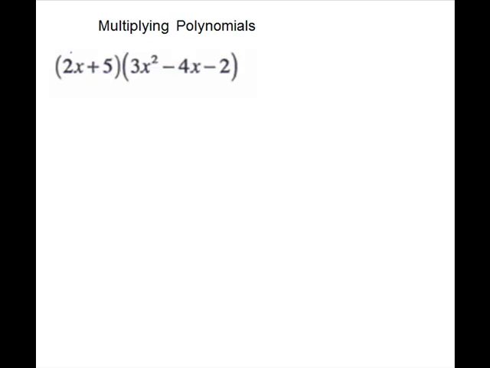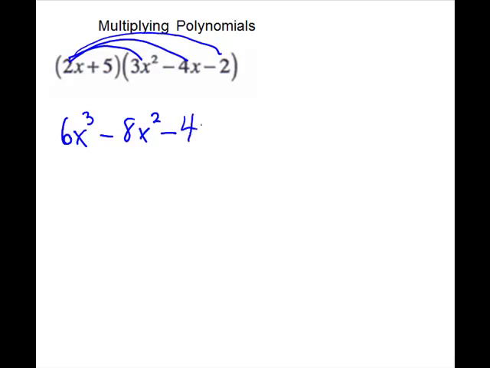So if we distribute twice, we take the 2x times everything in the second set of parentheses. So 2x times 3x squared will give us 6x cubed. 2x times minus 4x will give us minus 8x squared. 2x times negative 2 will give us a minus 4x.